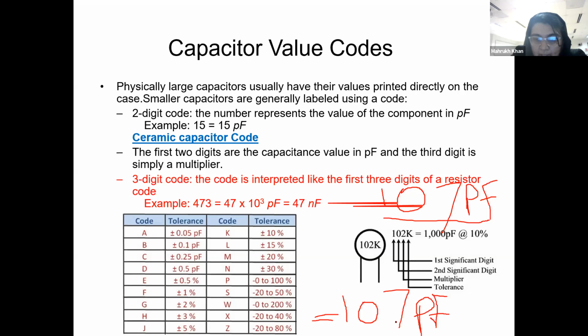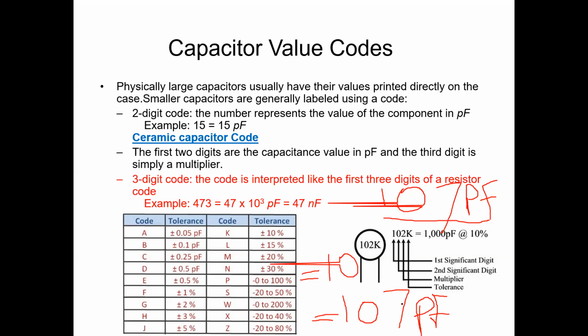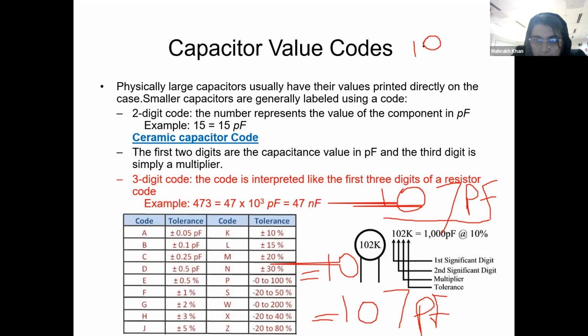I'm saying 10^7 picofarad means you have 1, 0 into 10 raised to the power 7 into 10 raised to the power minus 12, right? So 10 raised to the power 7 minus 12 makes it 10 raised to the power minus 5, right?